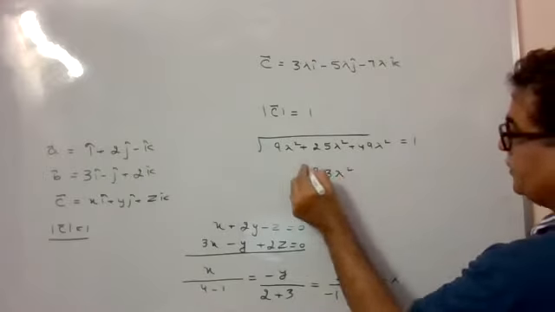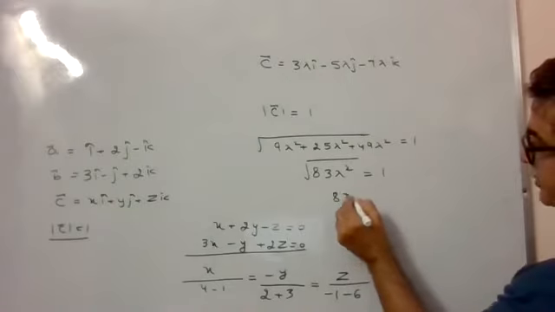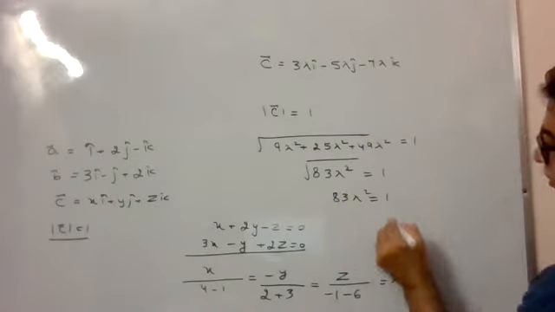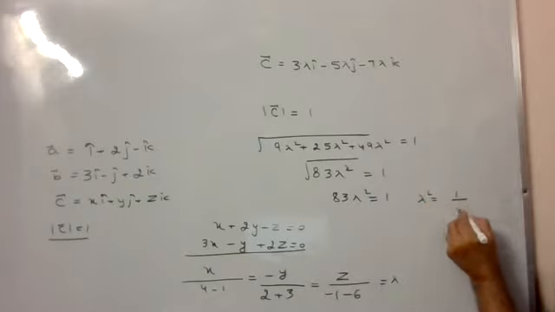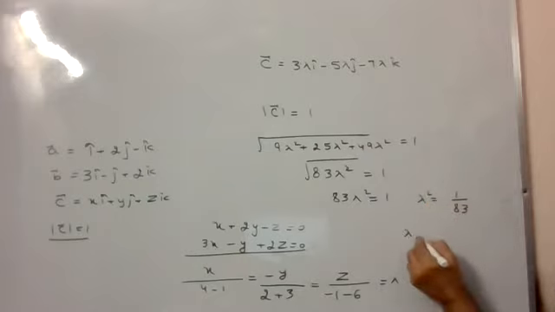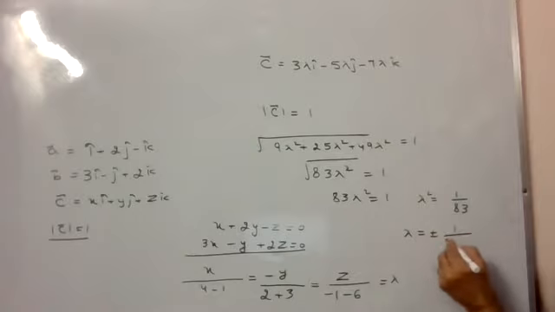Check, 83 lambda square is coming 1. So what I get here, 83 lambda square is 1, or I should say lambda square is 1 by 83, or lambda comes out to be plus minus 1 by root of 83.